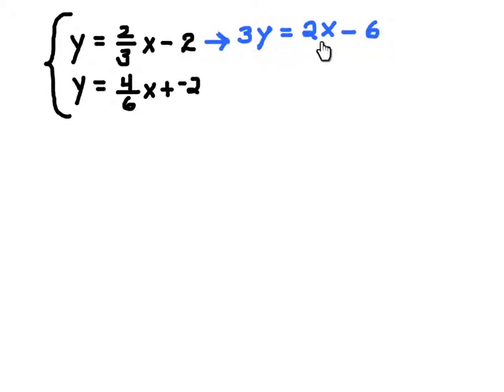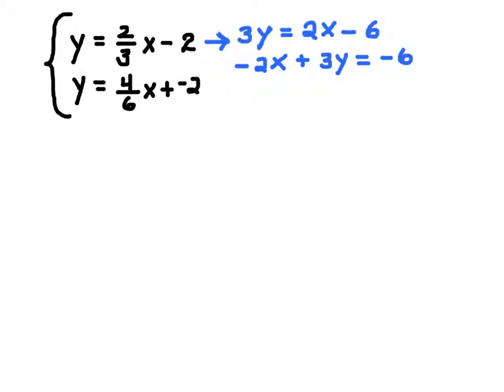We're almost there. We must bring the x to the other side, which means we need to add a negative 2x to both sides. So we end up with a negative 2x plus a 3y is equal to a negative 6.